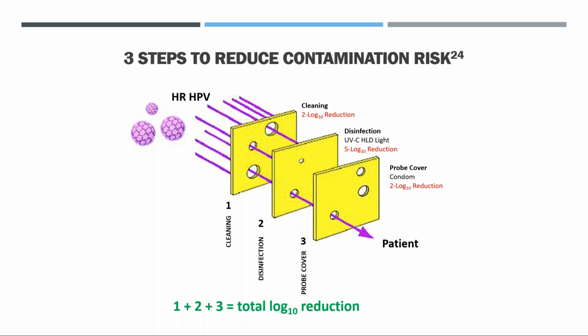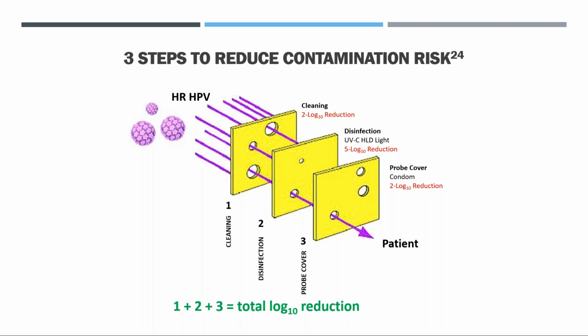So you can see here cleaning, which actually removes 2 to 4 logs of organisms. We've shown this with my colleague Bill Rotella repeatedly in lab-controlled experiments and in real life. Then you use a second method after cleaning, disinfection, which achieves a 4 to 6 log reduction, high-level disinfection here, for ultraviolet light, a 5 log reduction.